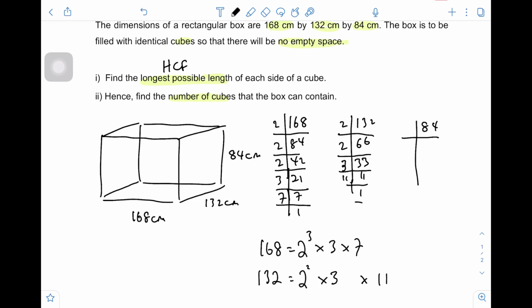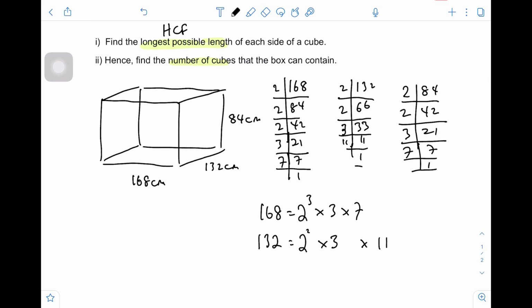Now the same thing for 84. Divide by 2 first, you get 42. Divide by 2 next, you get 21. Divide by 3, you get 7. Divide by 7, you get 1. So 84 is just 2 squared times 3 times 7.